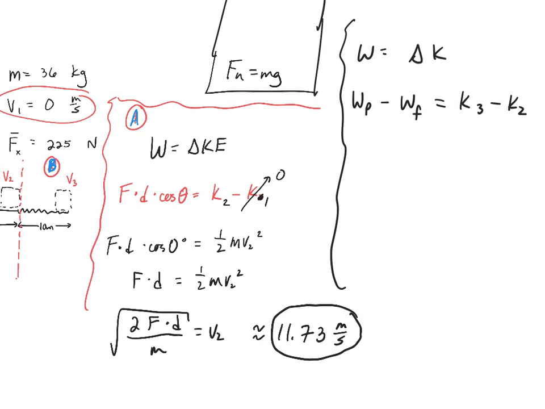The second moment is at that transition between frictionless and friction-filled. And our goal here is to figure out V3. So the work done by the pull is still Fx times d, minus the work done by friction is friction force times d, and that equals 1/2 mv3 squared minus 1/2 mv2 squared.